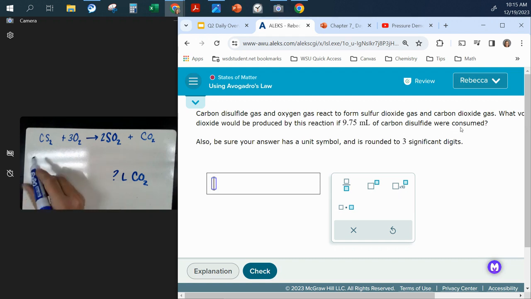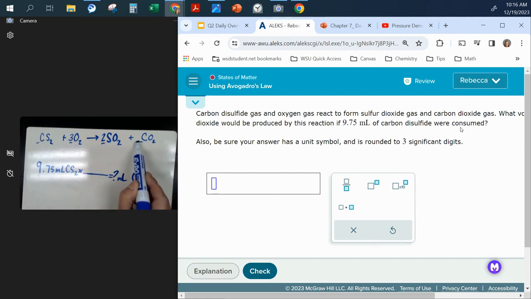So I'm going to write down the number they give me first. So 9.75 milliliters of carbon disulfide. Oh, so this is going to be milliliters. And then I need to use the ratio of these coefficients to tell me if I use up this much, how much CO2.